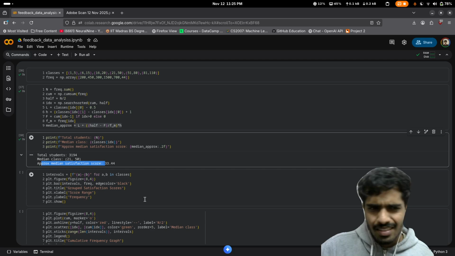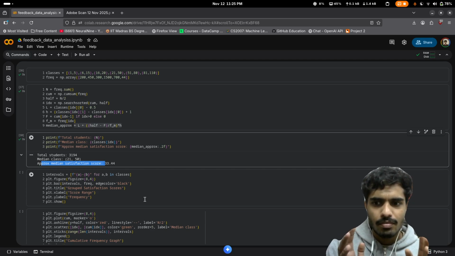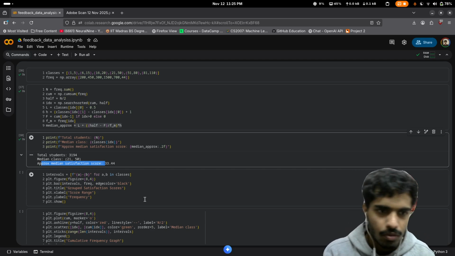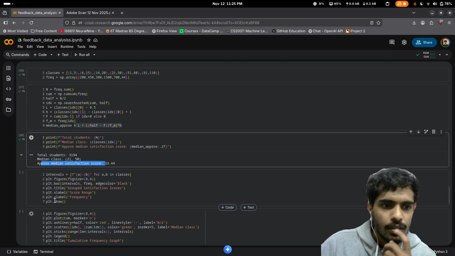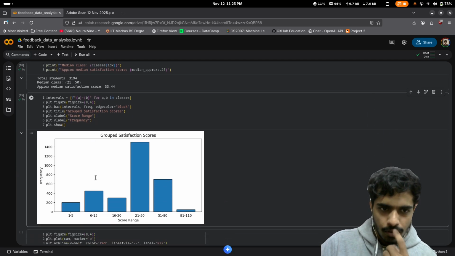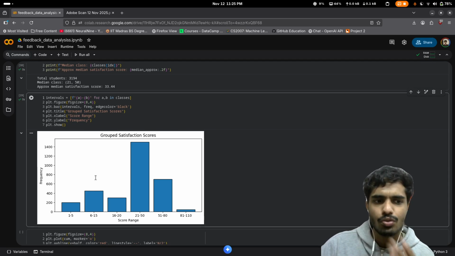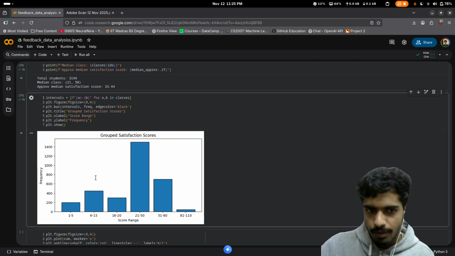Basically it finds the whole class median score happening around here, right? If we plot it, we can clearly see that the 21 to 50 range is performing nicely, and most of the students lie inside that, right?